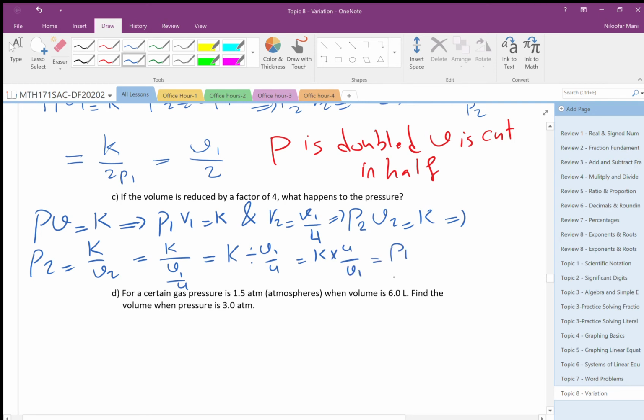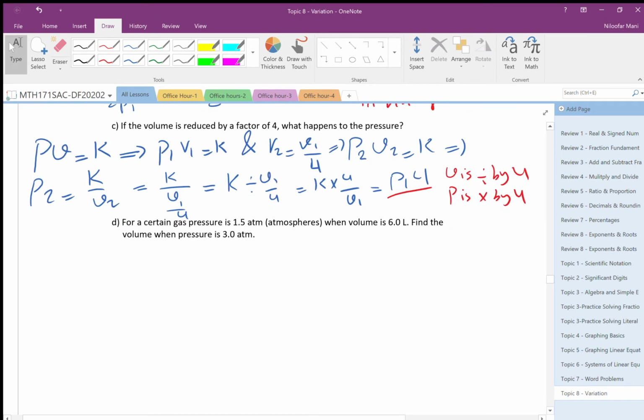P1, so P1 multiplied by 4. So when V is divided by 4, P is multiplied by 4. P2 is 4P1.